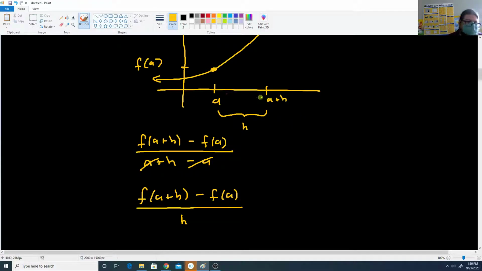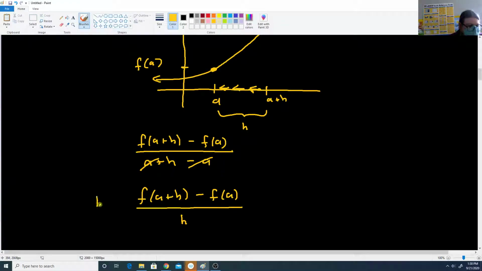And if we have stuff viewed this way, we want to let the a plus h slide closer to a. And to do that, we need to let the h approach 0, because if the h gets smaller and smaller, then this will become closer and closer to a.